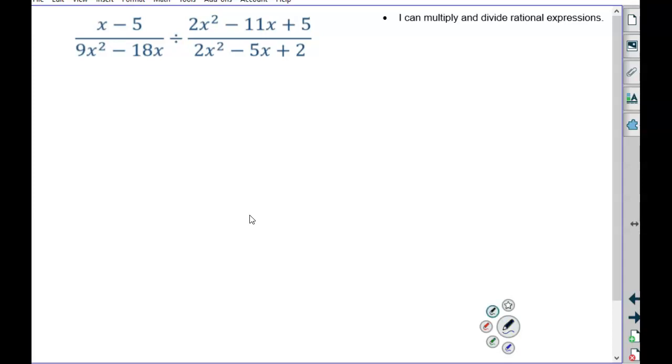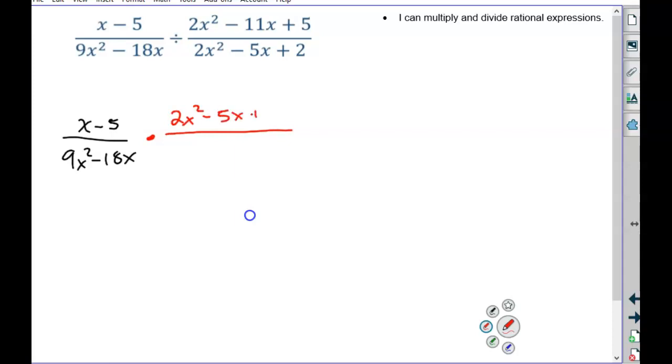If I had this image on my screen and I was showing my work, the first thing I would do is change it. And I wouldn't even write the divide part, I would just change it right away. And I'm going to do this just in a separate color. You'll see why in a second. Then all I did was rewrite it, and now it's multiplication. So now we can factor tops and bottoms.